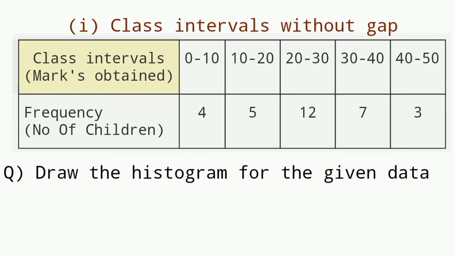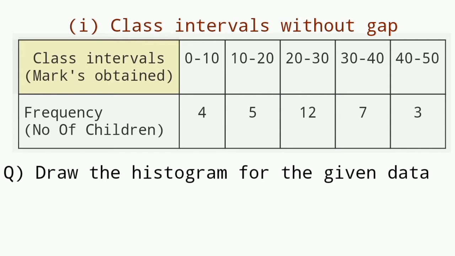For an example, some students' mathematics marks: 4 students have taken 0 to 10 marks, 5 students have taken 10 to 20 marks, 12 students have taken 20 to 30 marks, and it goes on like that.